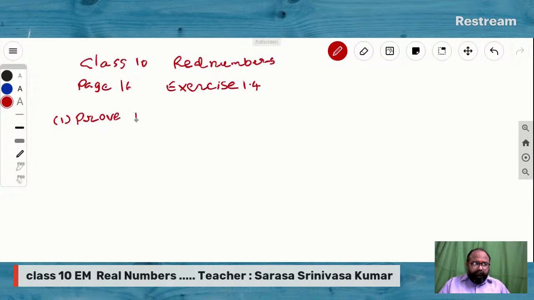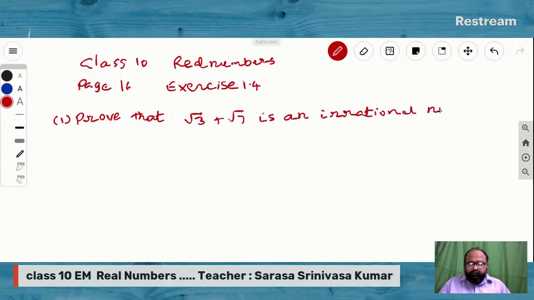Prove that square root of 3 plus square root of 7 is an irrational number.